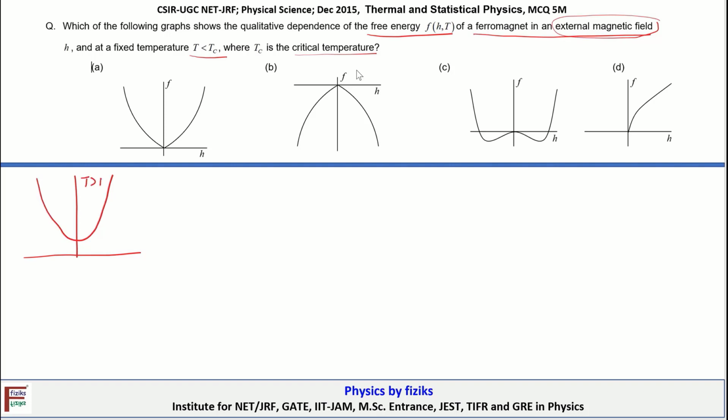This is for temperature larger than critical temperature Tc, and along the y-axis in all these curves, it's the free energy. And here usually we plot the order parameter, which could be magnetization, for instance, for a magnetic sample.